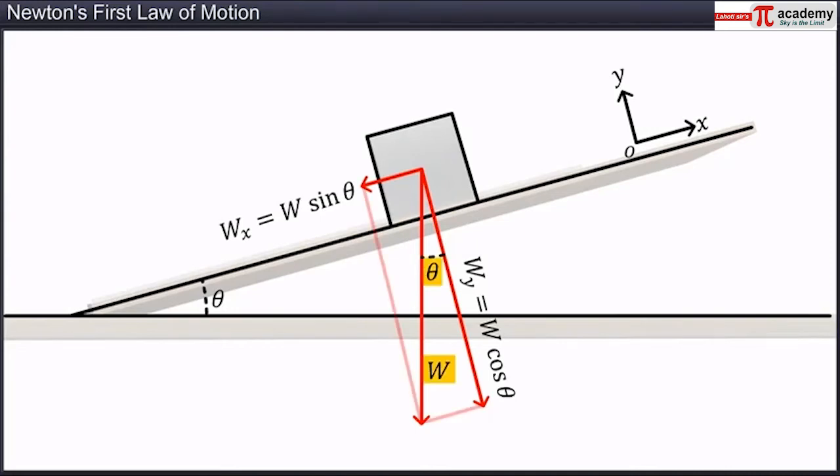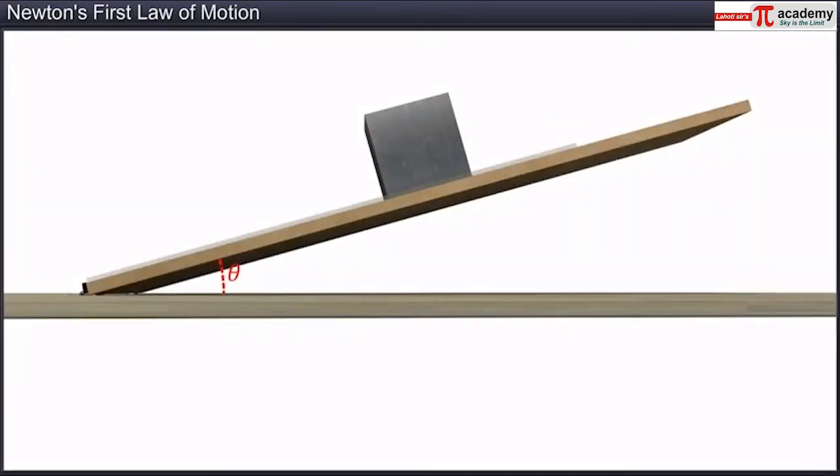As W and theta are known to us, Wx and Wy can be calculated. At the point of impending motion, the iron cube has the tendency to slide down, but is prevented by the frictional force, F, between the glass surface and the surface of the iron cube.